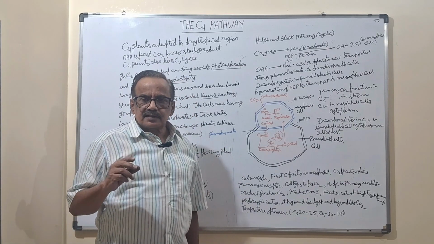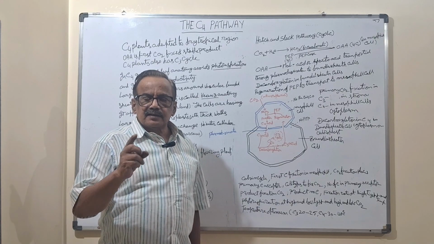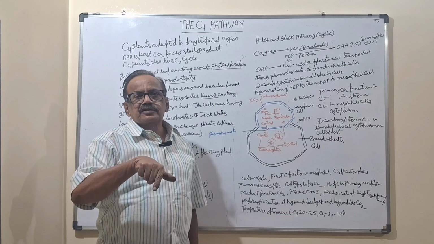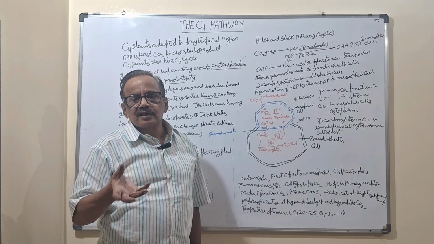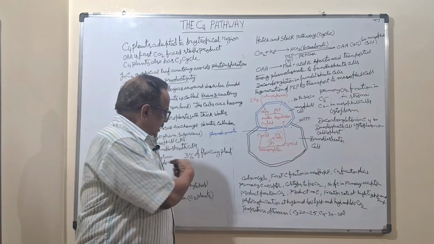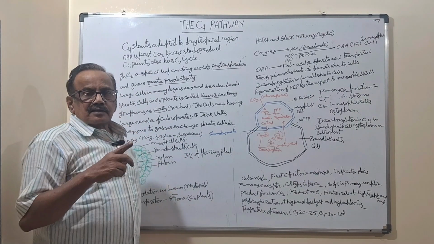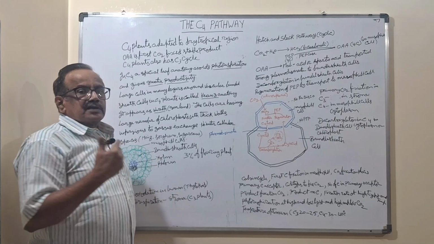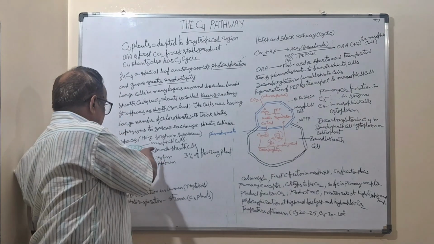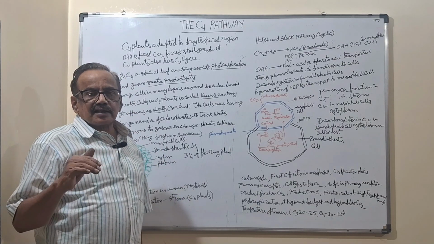Now, the malic acid or aspartic acid will travel from the mesophyll cells to the bundle sheath cells, the big cells present around the vascular bundle, which I already discussed. They enter through the plasmodesmata, the cytoplasmic connections present from cell to cell.